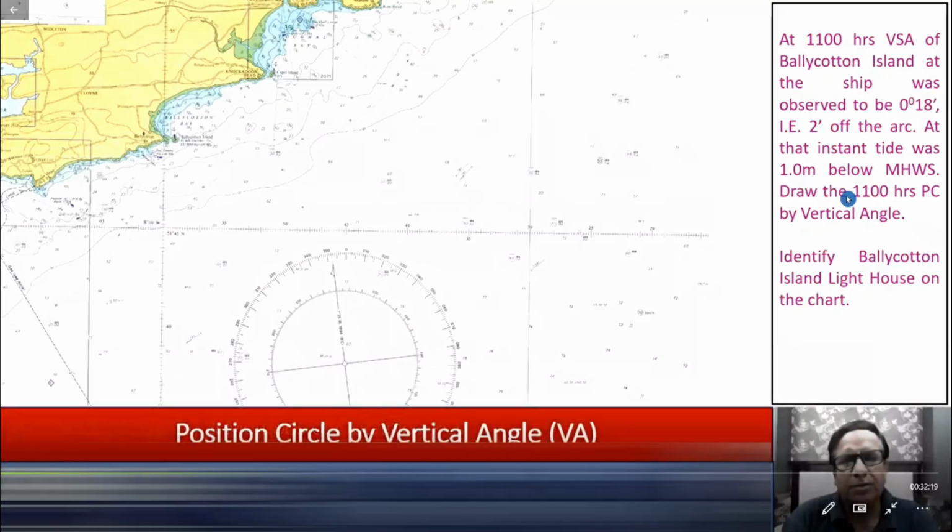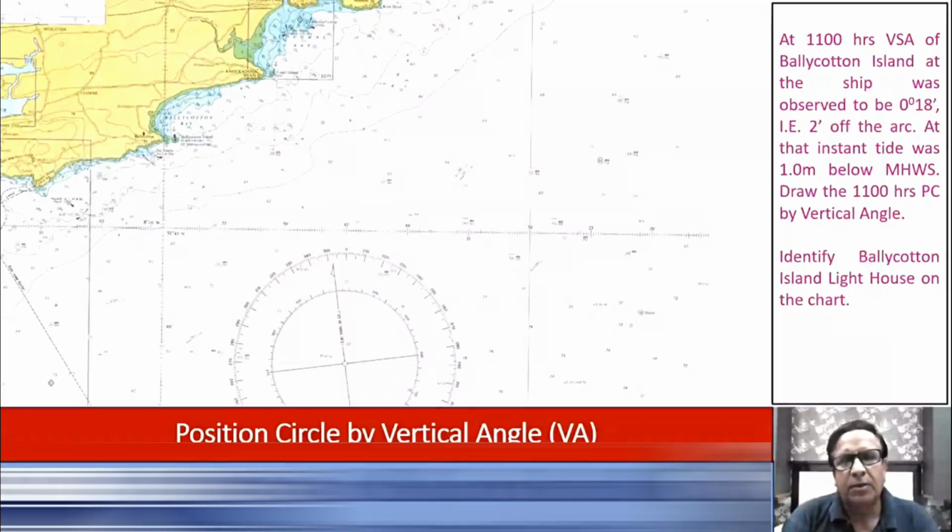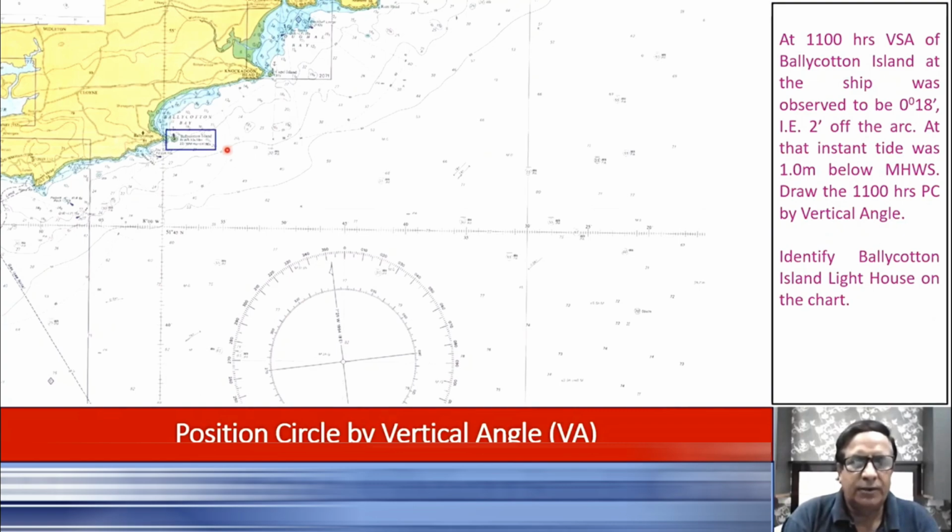Let's proceed ahead. We identify the Ballycotton Island light, and this one is the Ballycotton Island light. You can see here where we have a box around it. So this is the Ballycotton Island light.